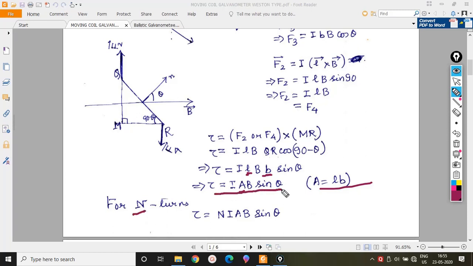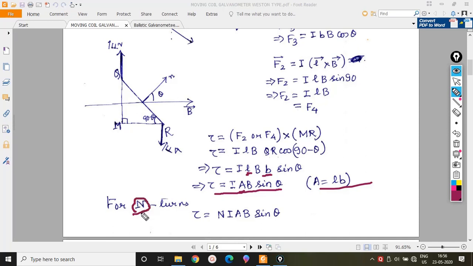So that is the expression of torque for a single loop of one turn put in a magnetic field such that its normal makes an angle theta with the direction of magnetic field. Tau equals IAB sine theta.